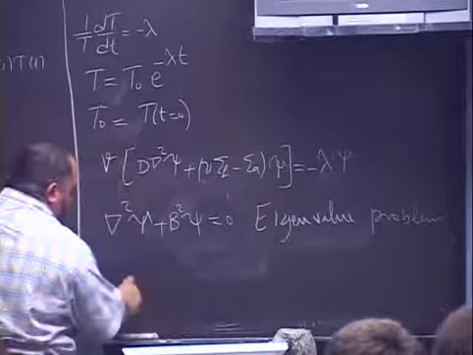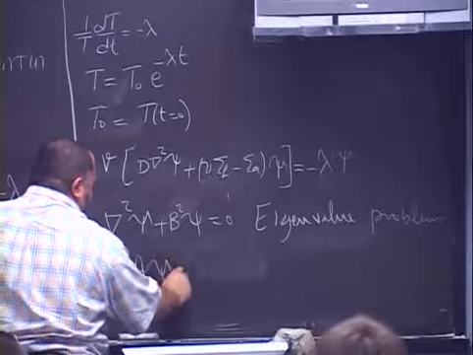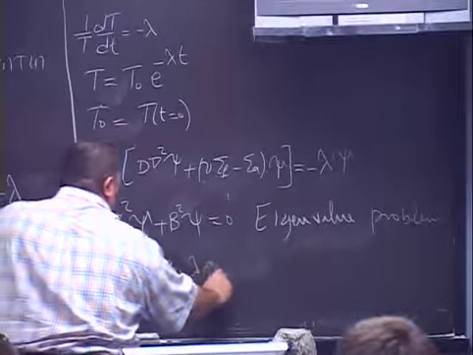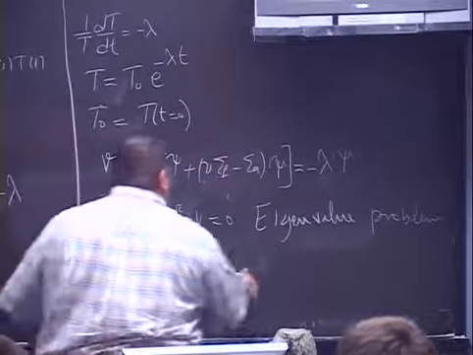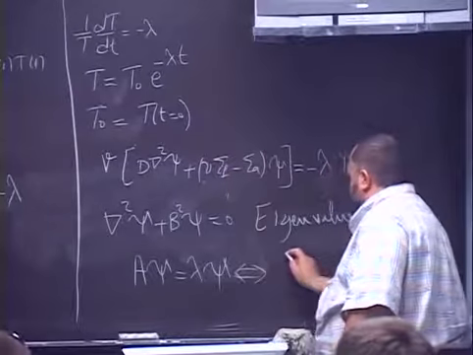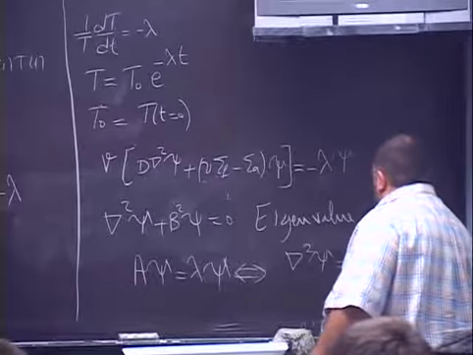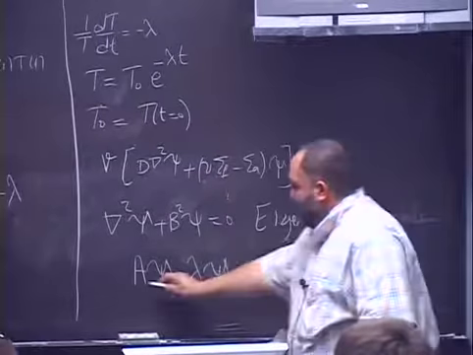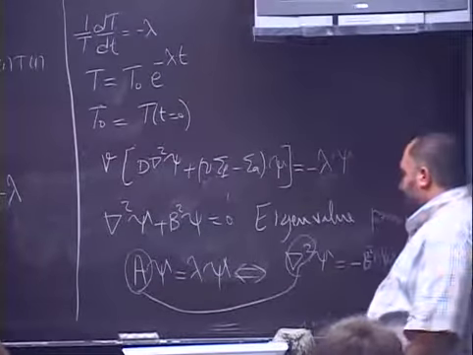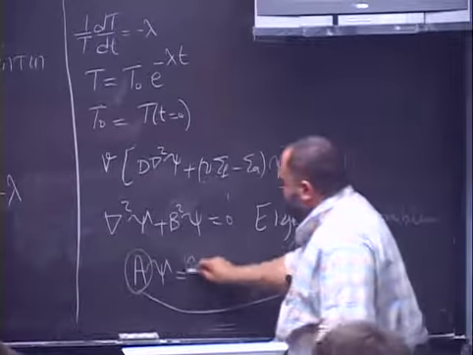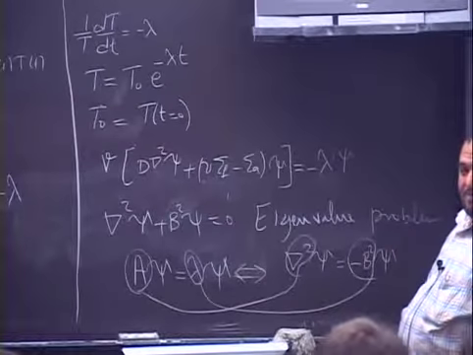Because it is in the form of some operator A operated over a function psi that gives you some lambda multiplied by the same function psi, where the operator here is nabla square, and nabla square psi is equal to negative B square psi. So A, the operator that you apply on the function, is nabla square, and lambda is negative B square. Yes guys?